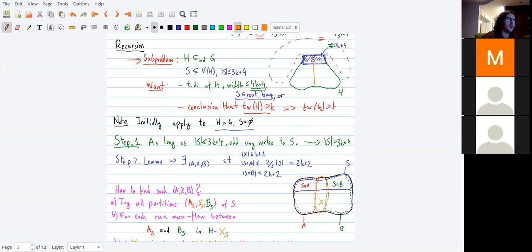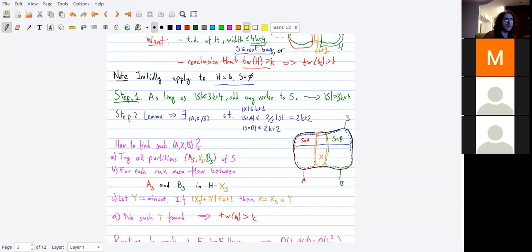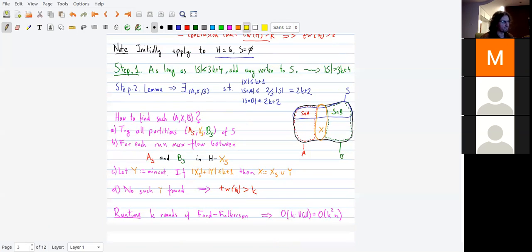So I can find a small separator X of size at most k plus 1, and partition the rest into left and right, in such a way that on the left I've got at most 2/3 of the vertices of S, and on the right I've got at most 2/3 of the vertices of S. So I break the interface in a balanced way.